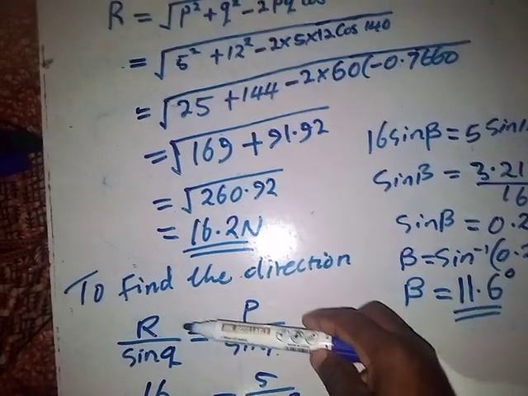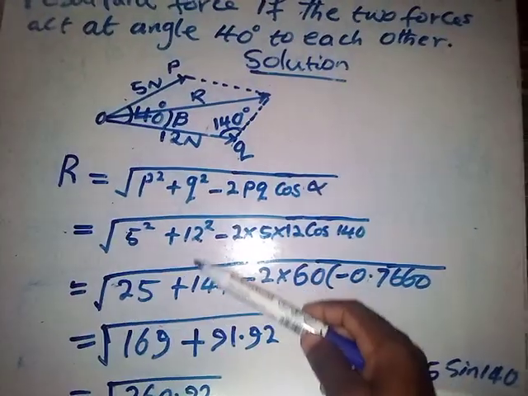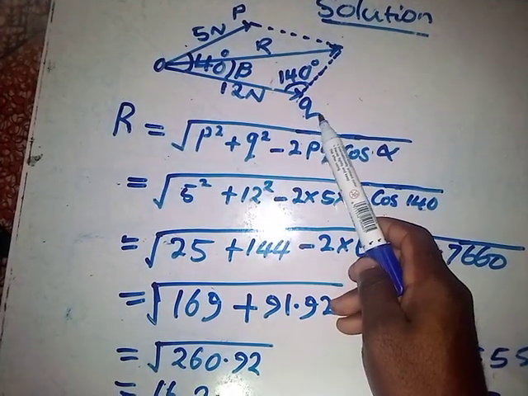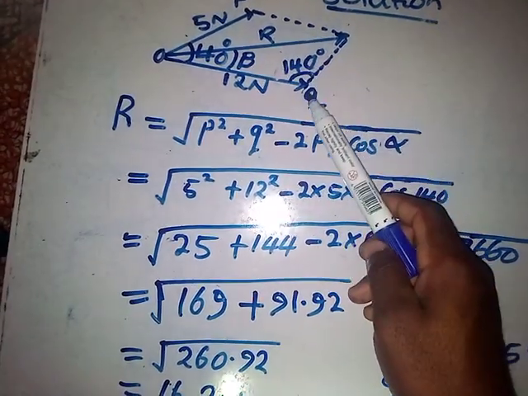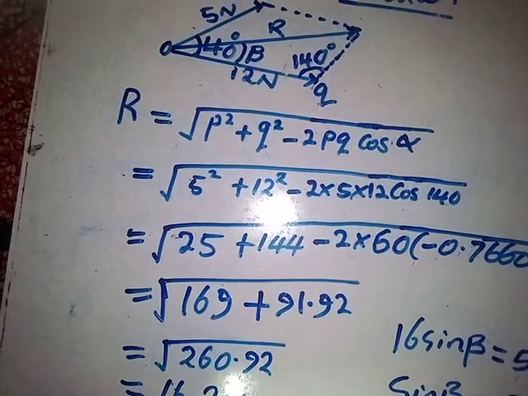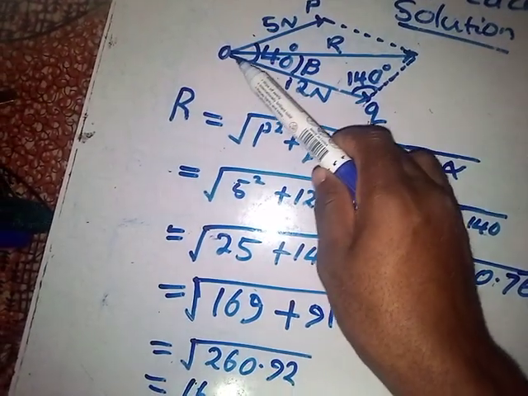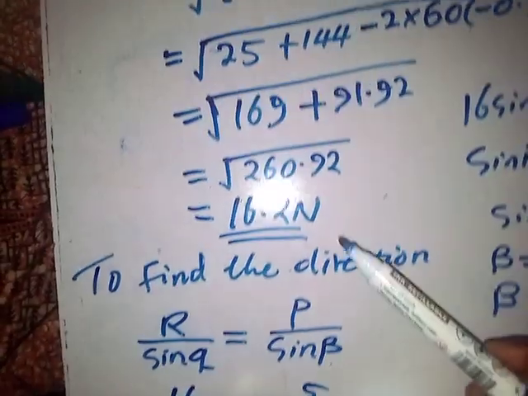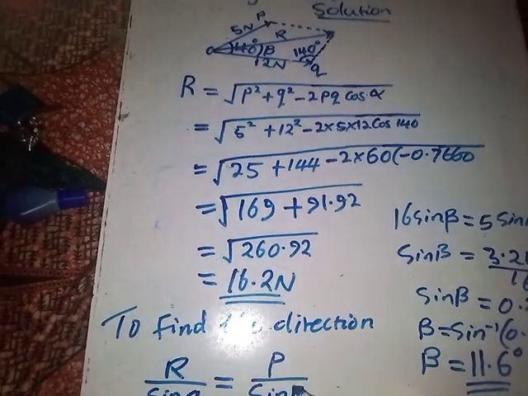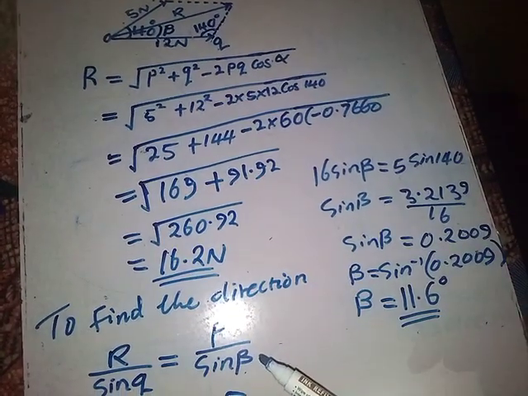We say R, the resultant force, all over sine of this angle, is equal to P all divided by sine beta.